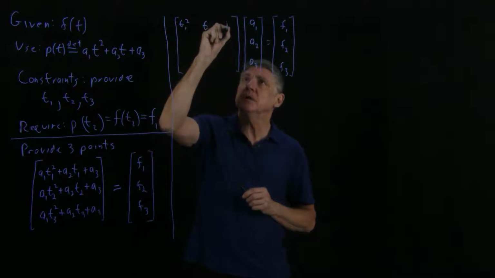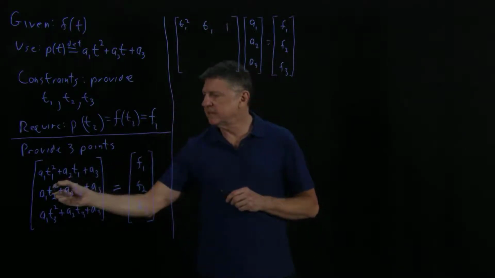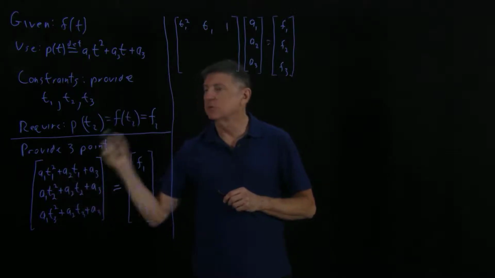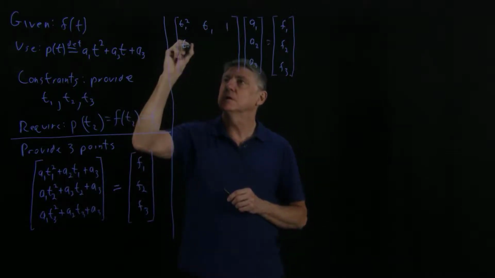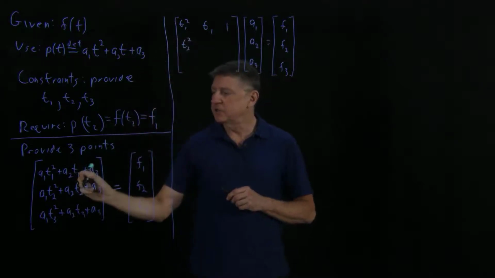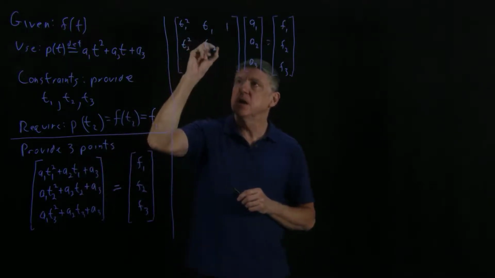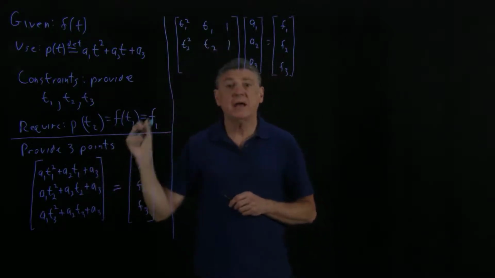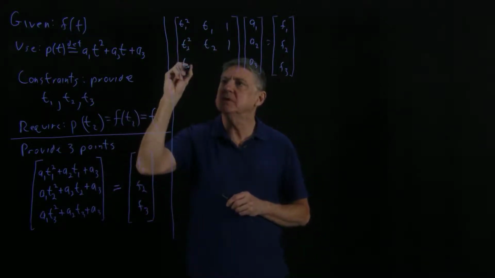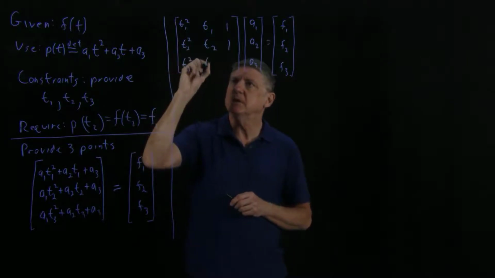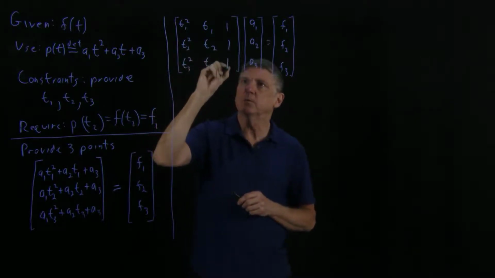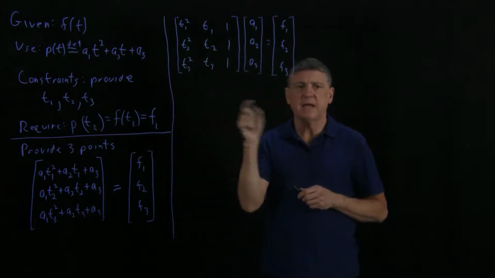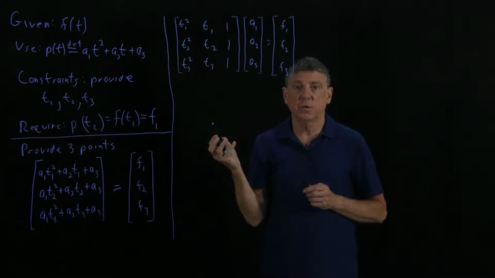So I'll put unity in here. When I go to the second entry on the left-hand side, I can see that A1 is multiplied by T2 squared, A2 is multiplied by T2, and A3 is once again multiplied by 1. And now I have the pattern, so I know that that will be T3 squared, that will be T3, and that will be 1. We can then solve this as a linear equation.